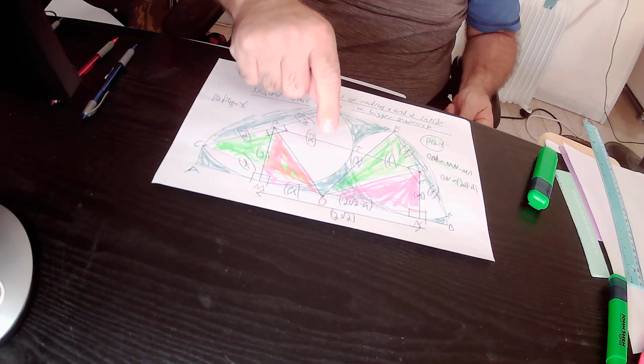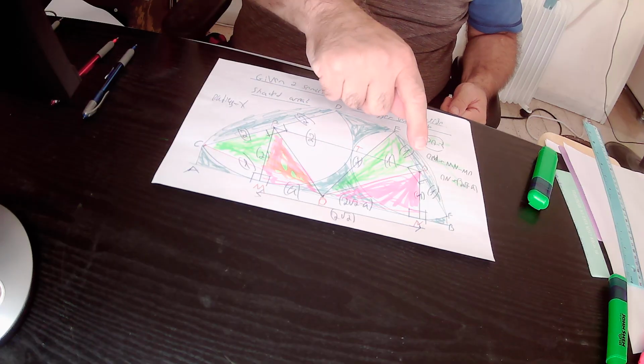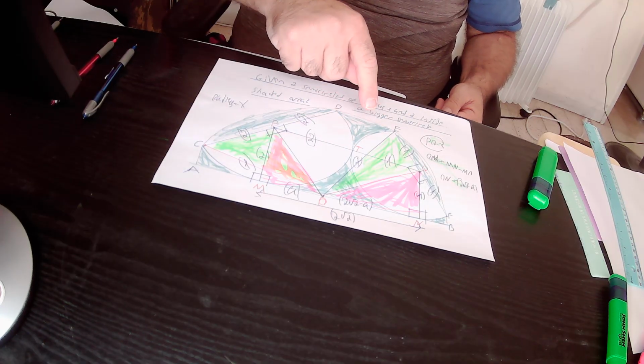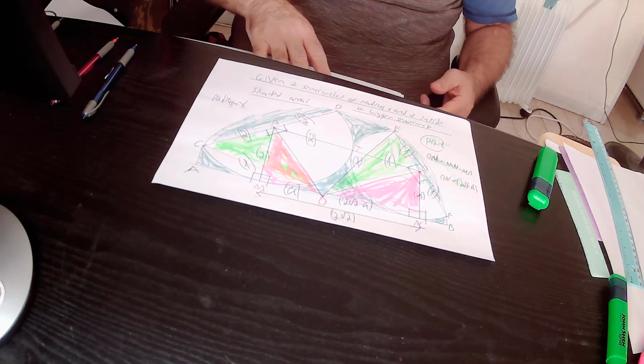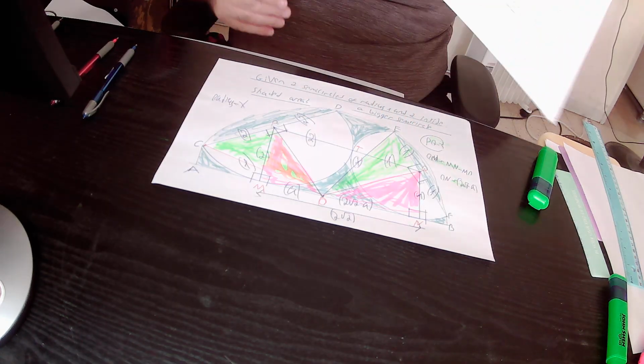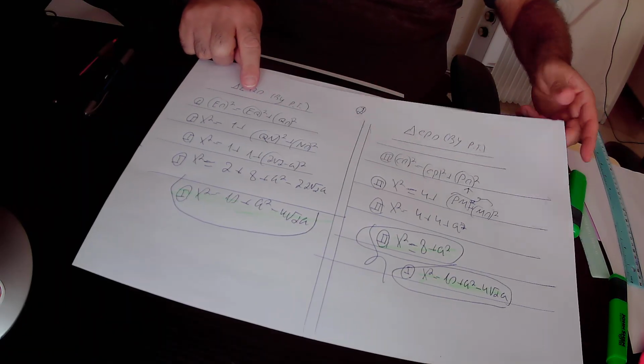So in the next step, we implemented the Pythagoras theorem on this triangle OEQ. On this triangle OEQ, OE squared, that is the square of the hypotenuse, equals EQ squared plus QO squared.